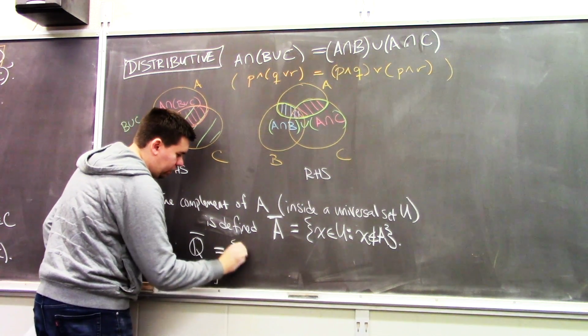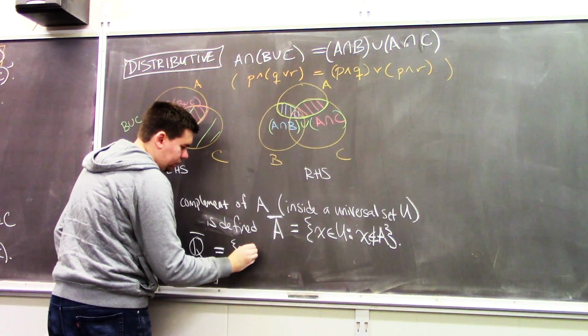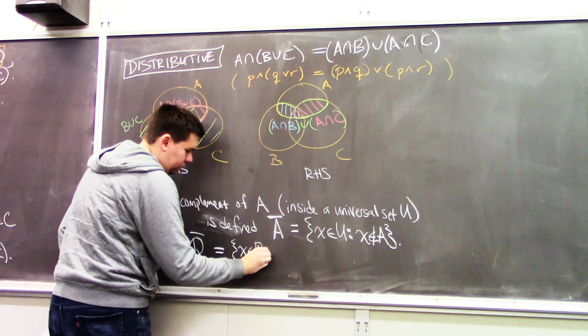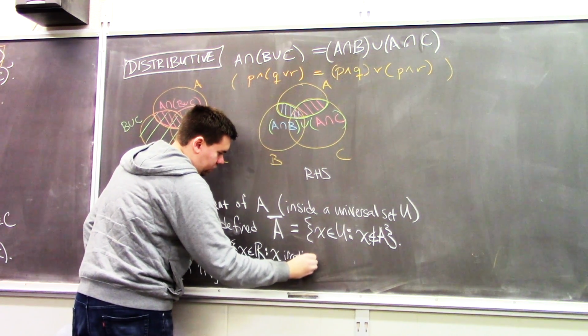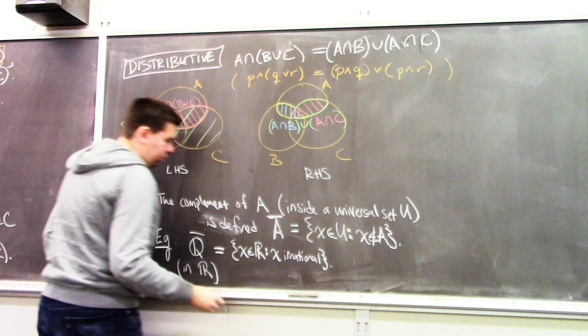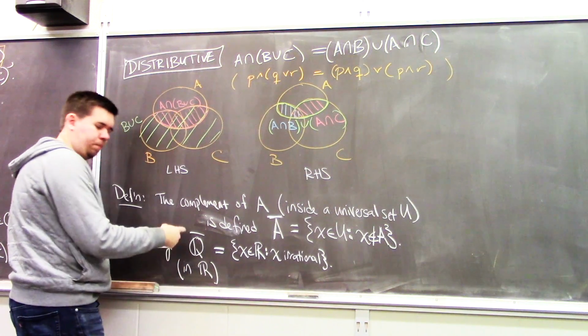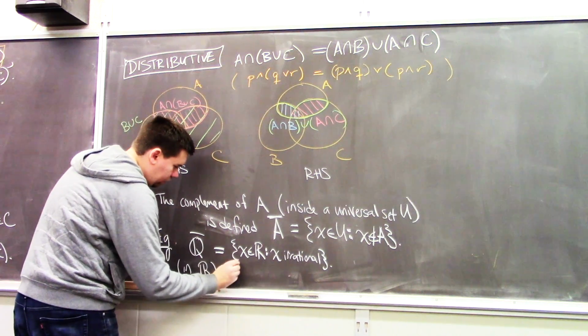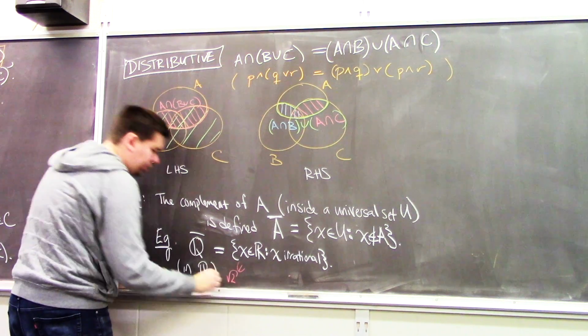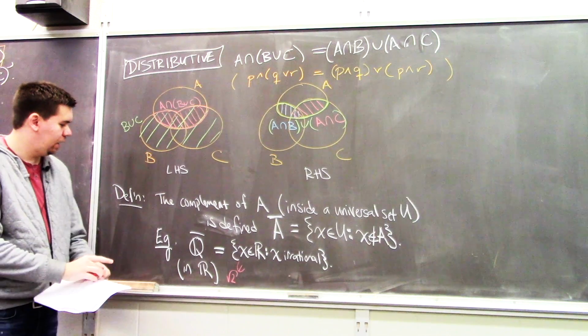It leaves me with all real numbers x such that x is irrational. So you'd have things like the square root of 2 or pi or e living inside of here.